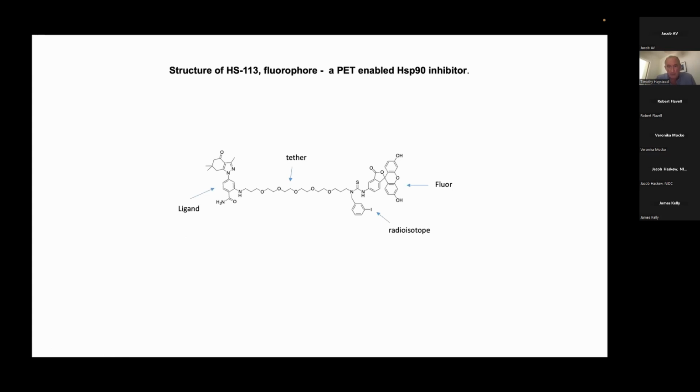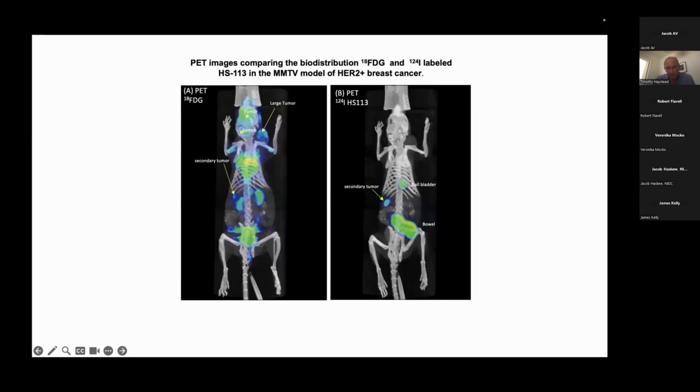So now where do you go with this? It's obvious we'd like to make a PET agent, and we started with iodine. I should mention we've just got our own PET machine. It's just being delivered, so we're early in the game here, and I collaborated with UNC on this. We did make an iodinated version and then looked at it in an animal model.